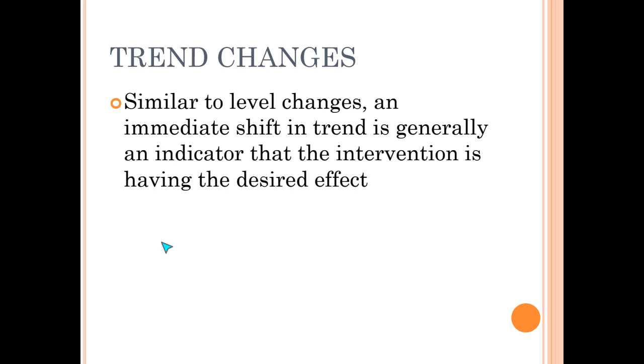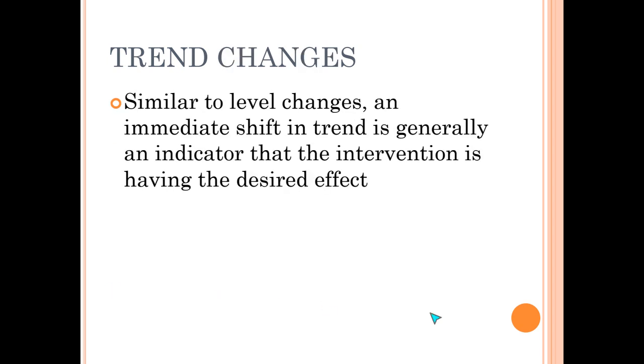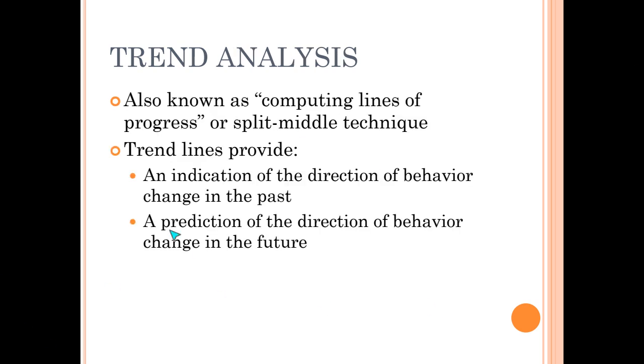And this is known as computing the lines of progress, or as the so-called split middle technique. The trend line provides an indication of the direction of behavior change in the past. And also it tells us if we were to go on with that phase, what would happen in the future with the participant if this were to continue, so to say.